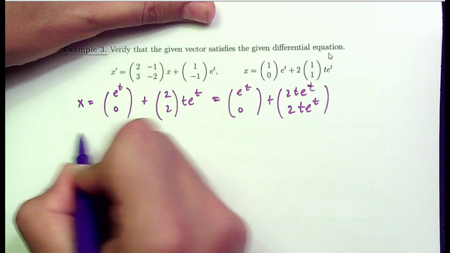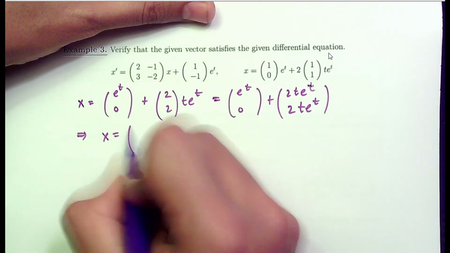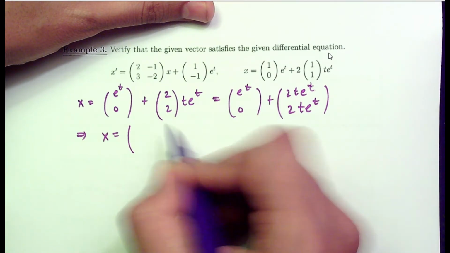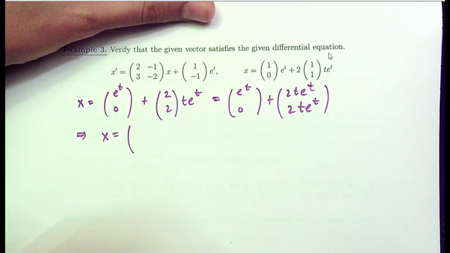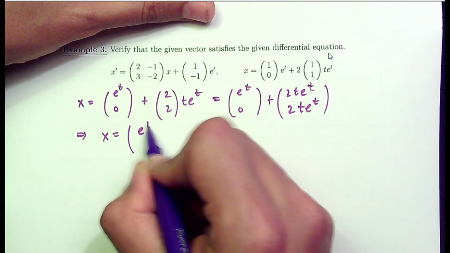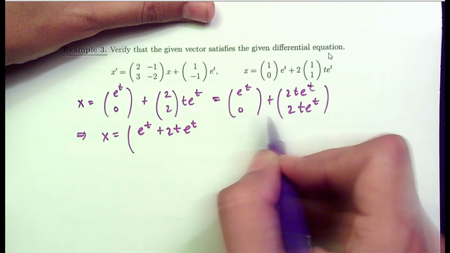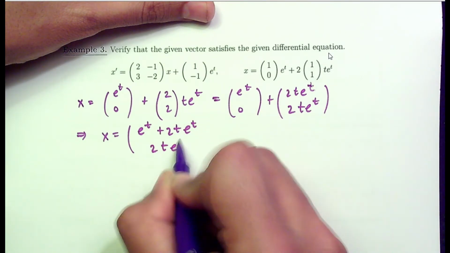And then simplifying, this gives us that x equals, now add these two vectors entry-wise, so this will be e to the t plus 2t e to the t, and then add the bottom, so 2t e to the t, and that is x.